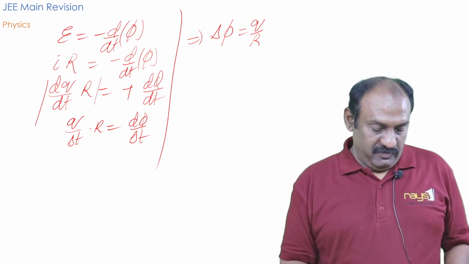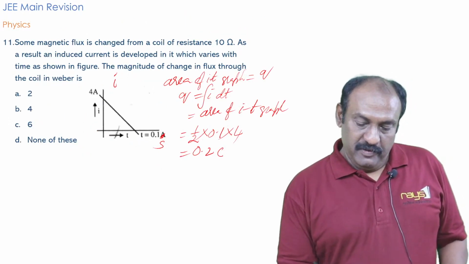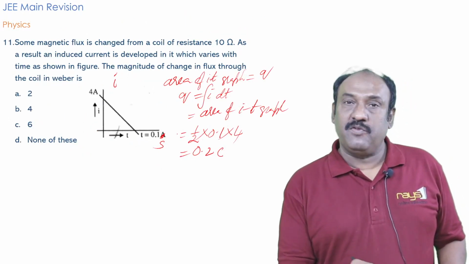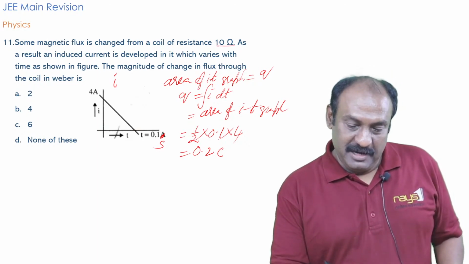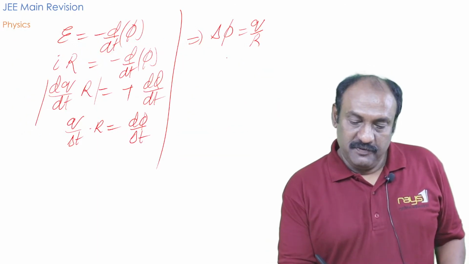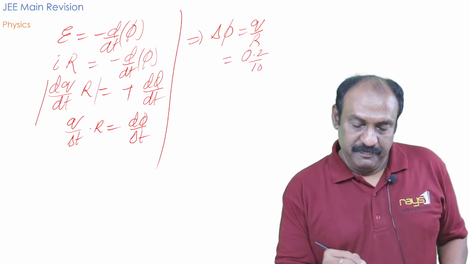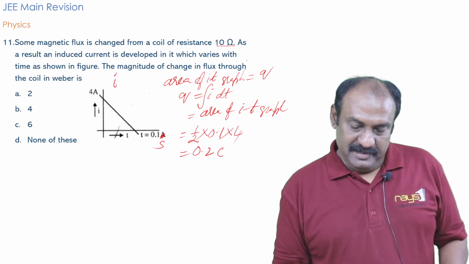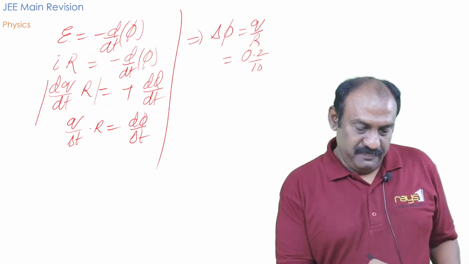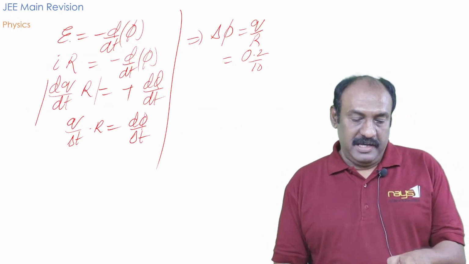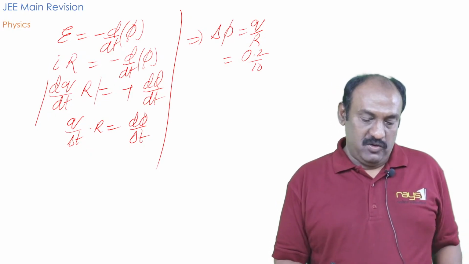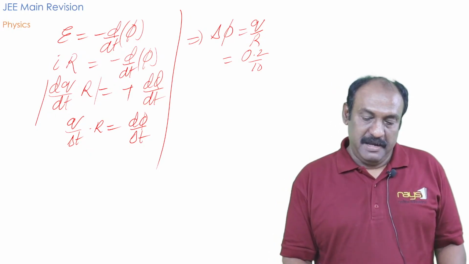So from this, what do we note here? We calculated the charge flowing to the coil, and the resistance of the coil is 10. So once again see this equation: E equal to V equal to IR, dq by dt into R equal to d phi by dt.